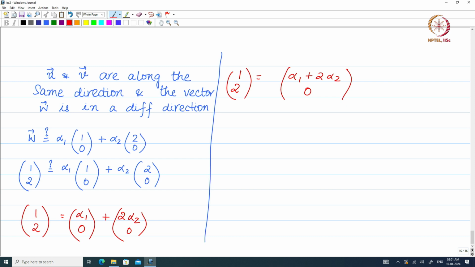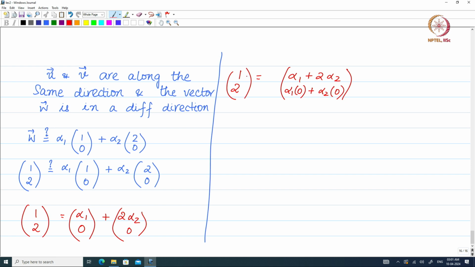It is very interesting to see that for different values of alpha 1 and alpha 2, let me put it this way: alpha 1 into 0 plus alpha 2 into 0. Now, in the first coordinate, you could put some values of alpha 1 and alpha 2. For example, you put alpha 1 equal to minus 1 and alpha 2 equal to 1, I would get minus 1 plus 2, which is 1.